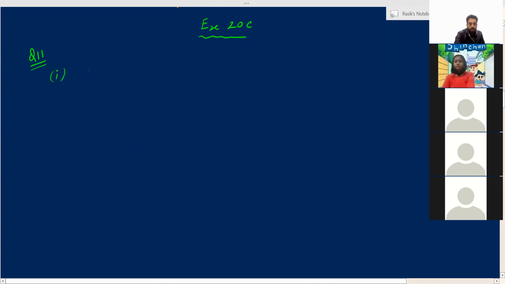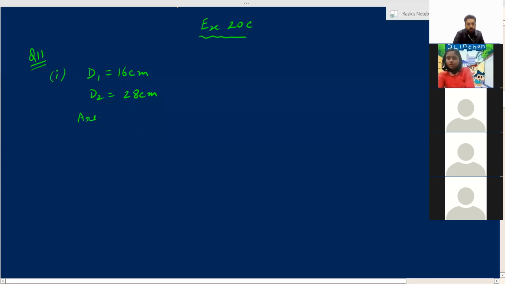First part: D1, diagonal number 1 of the rhombus, is given 16 centimeters, and D2, the diagonal 2 of the rhombus, is given 28 centimeters. We have to find the area of this rhombus.